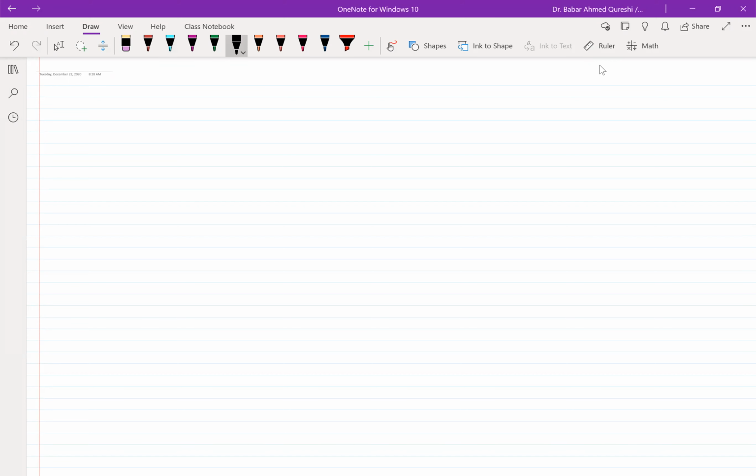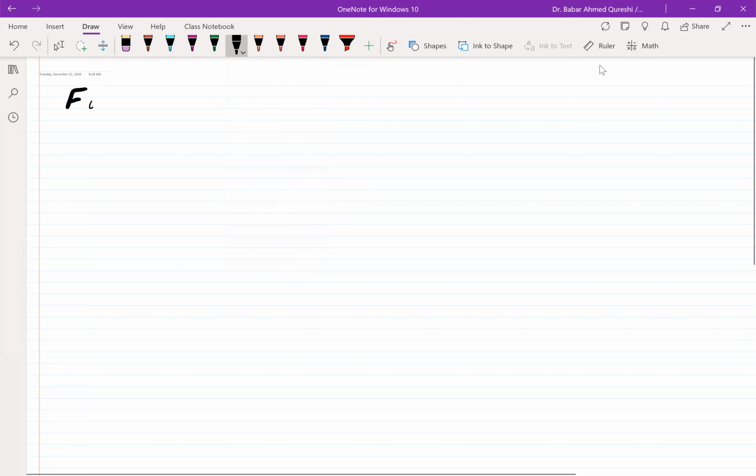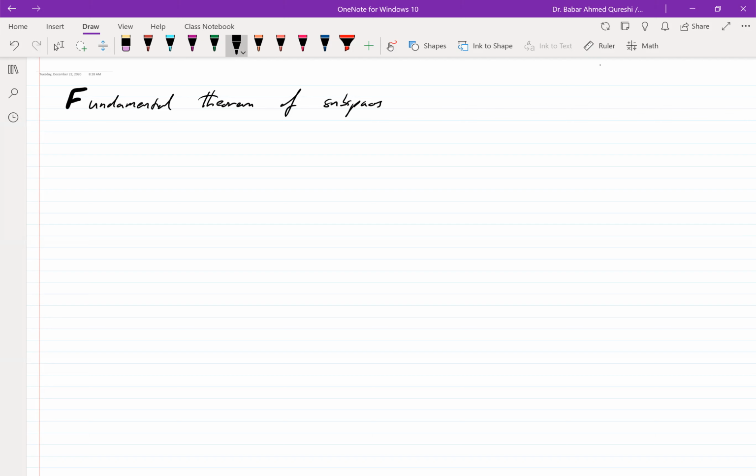So we had this fundamental theorem of subspaces of a matrix, and it relates the different possible solutions of linear equations you can create with these matrices.